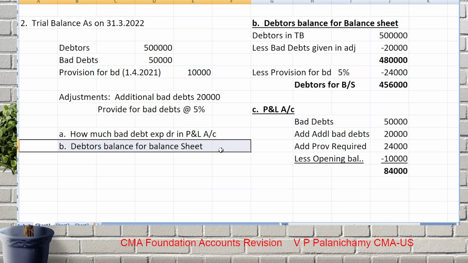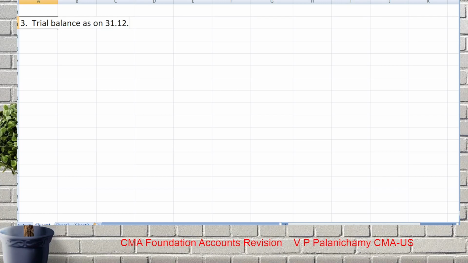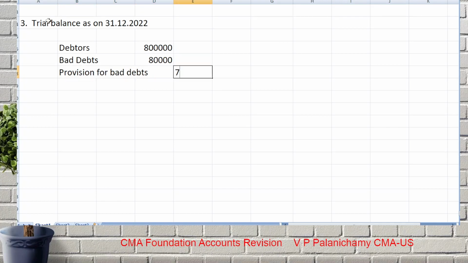Understood? I'll give a problem. Copy this and work out. Start. Trial balance as on 31st 12 2022. Debtors 8 lakhs. Bad debts 80,000. Provision for bad debts 70,000.